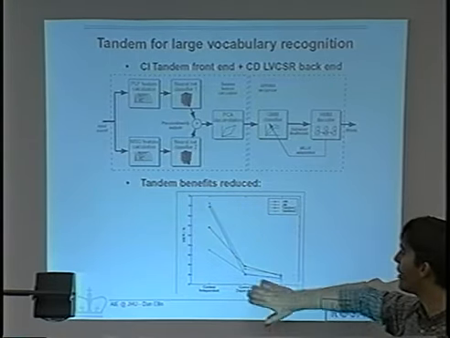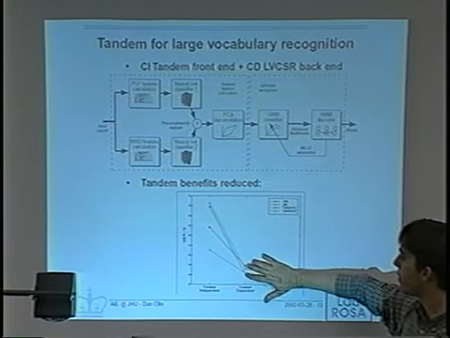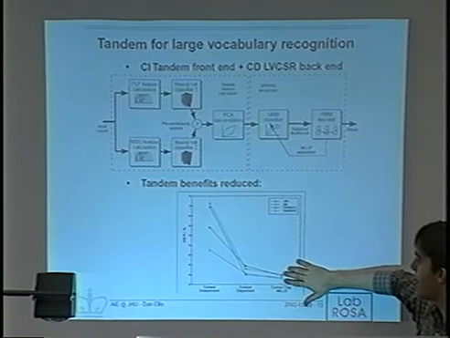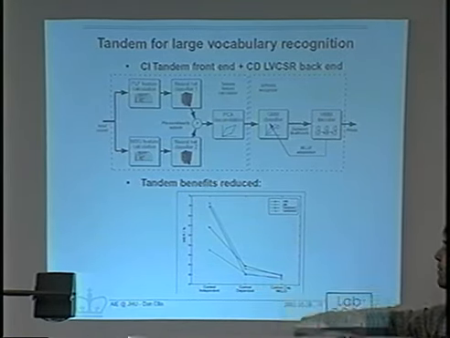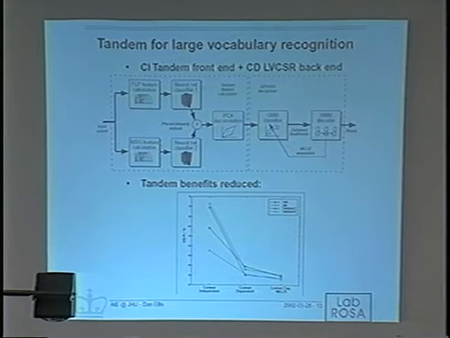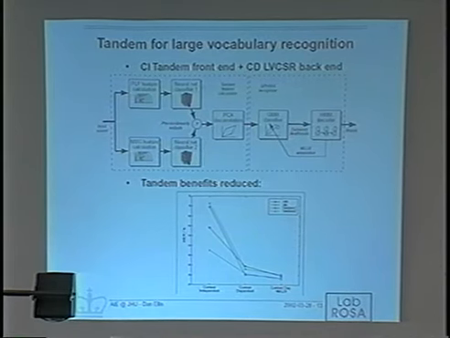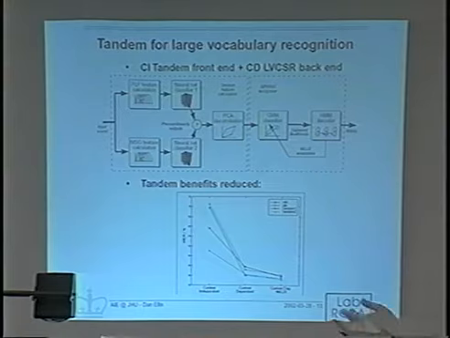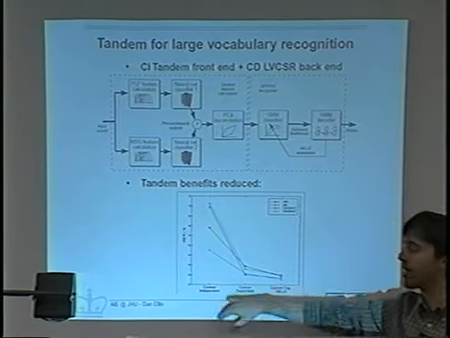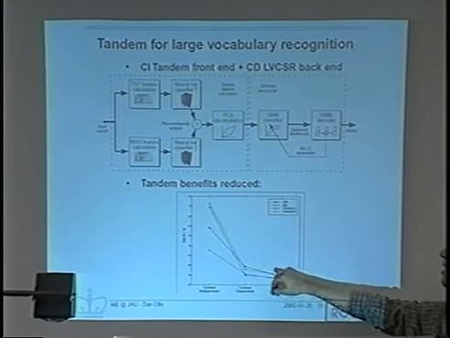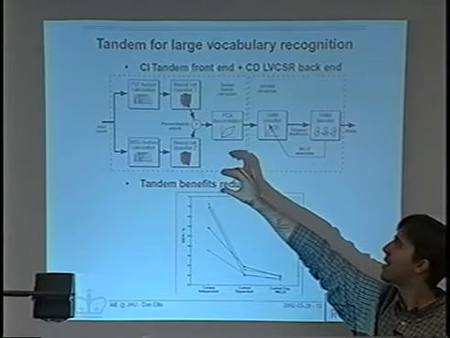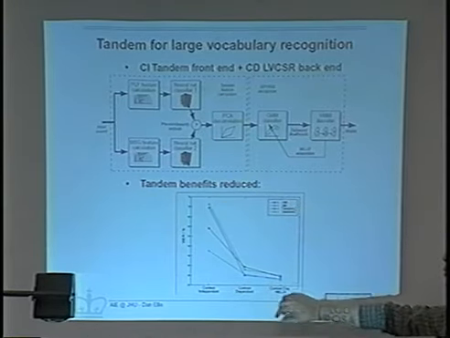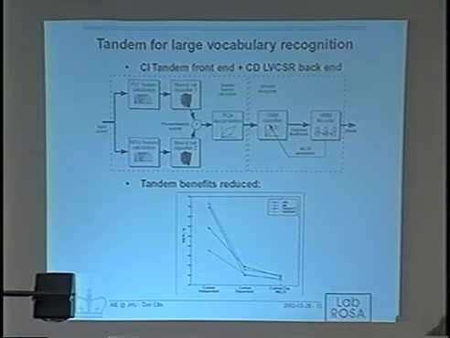But when we pull in context-dependent phone modeling and MLLR adaptation, basically we found that the tandem modeling was still giving us a small improvement, maybe a few percent relative. But most of the big gains that we saw in the context-independent systems were being lost, because maybe one way you could say it is that whatever the tandem system was able to pick up here was otherwise being picked up by the other context-dependent modeling and adaptation schemes.